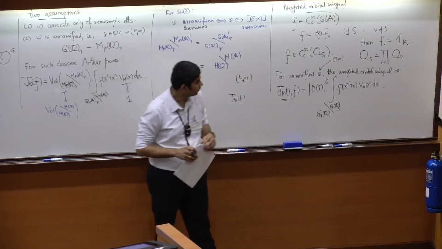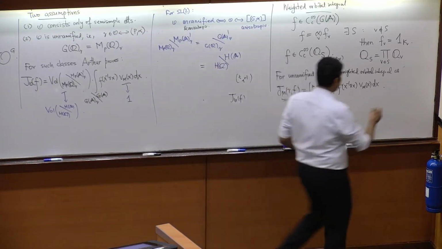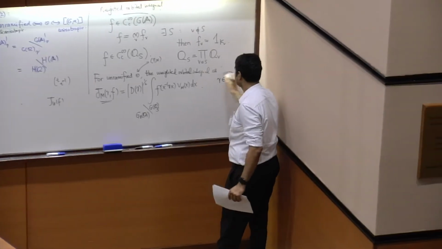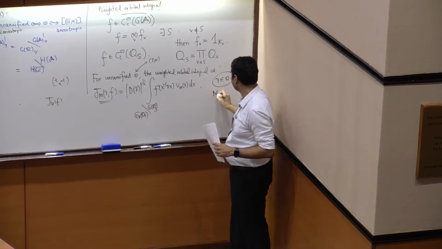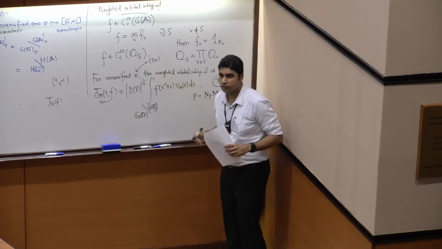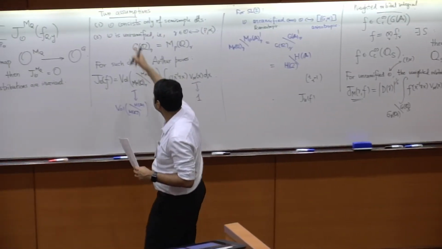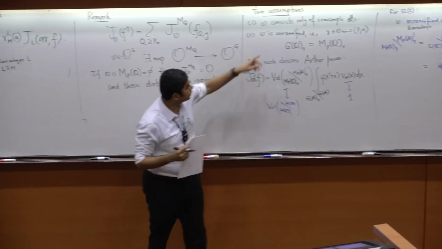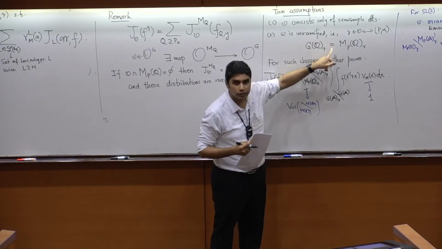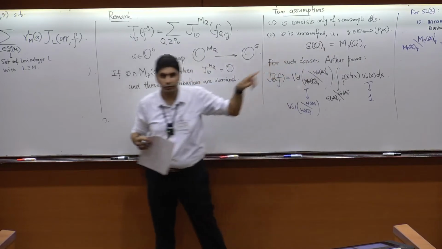Gamma is in O. M is P, M, N_P. Yeah, I mean, this condition implies this condition. So this condition implies one inequality, and then you want equality in that inequality.